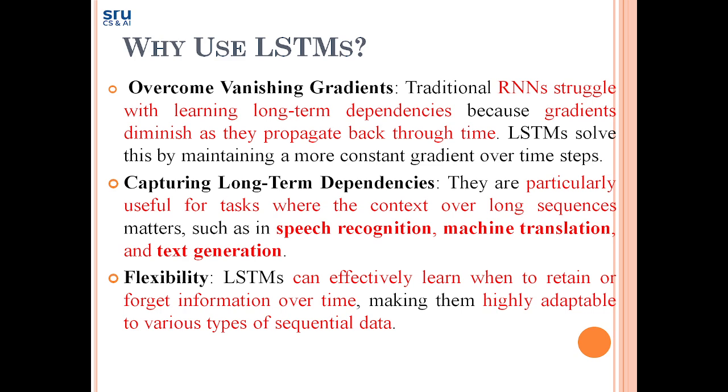Capturing long-term dependency: it is particularly used for tasks where the context over long sequences matters, as in speech recognition, machine translation, and text generation. Flexibility: LSTM can effectively learn when to retain or forget information over time, and is highly adaptable to various types of sequential data.